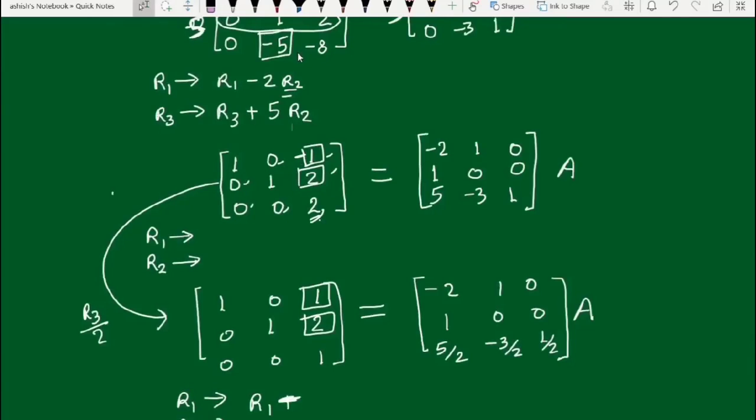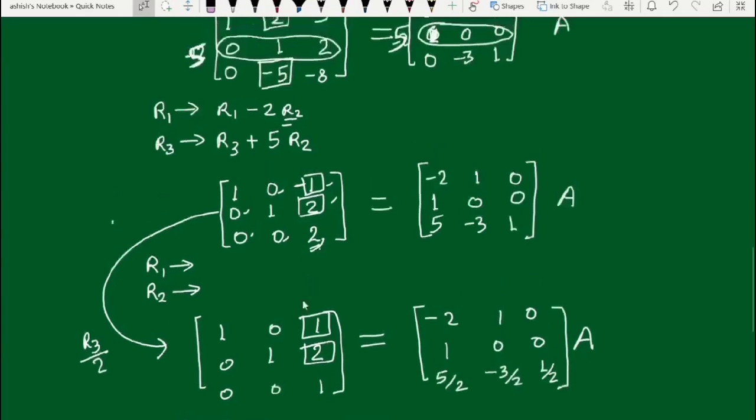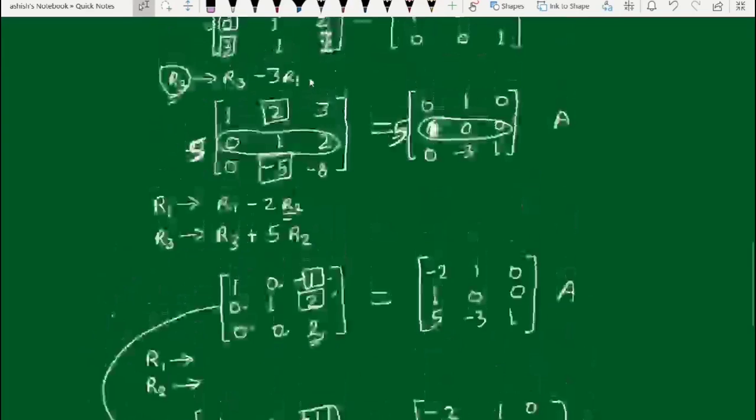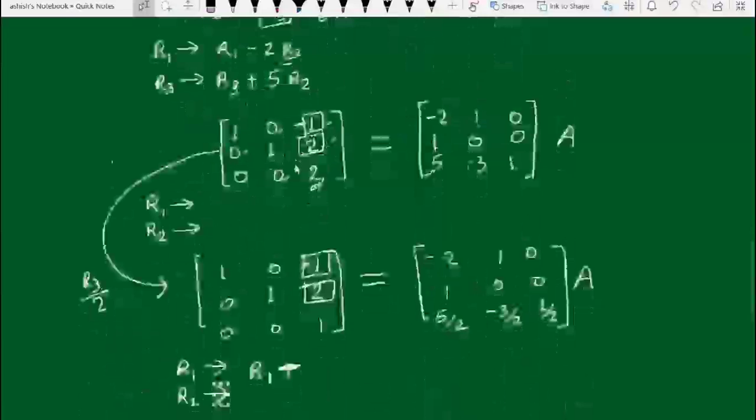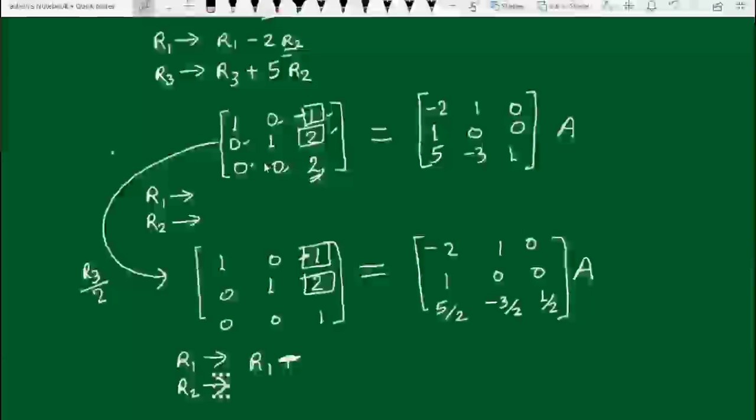Okay, this was minus 1, you can see the operation applying here. Now 1 0 minus 1 0 1 2 and 0 0 1. Minus 2 1 0 1 0 0, 5 by 2 minus 3 by 2 1 by 2.